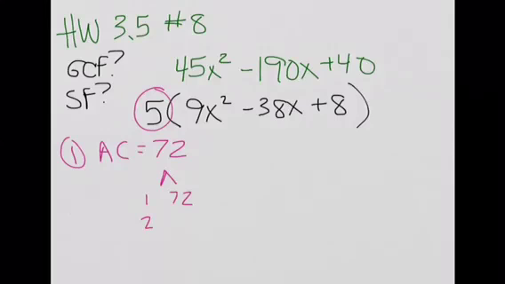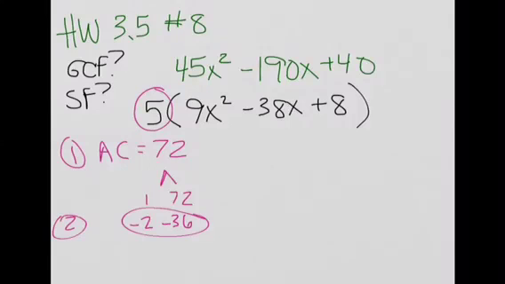If I divide by 2, I get 36. I can keep going until I find a ton of factors, but right here, if I change this 2 and this 36 to be negative, that becomes a positive 72 when multiplied together, and a negative 38 when they're added together. So I'm going to go ahead and go with those.